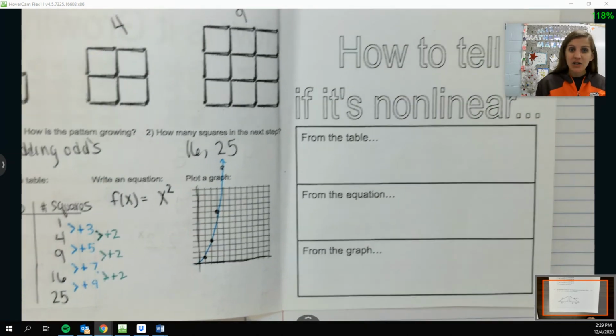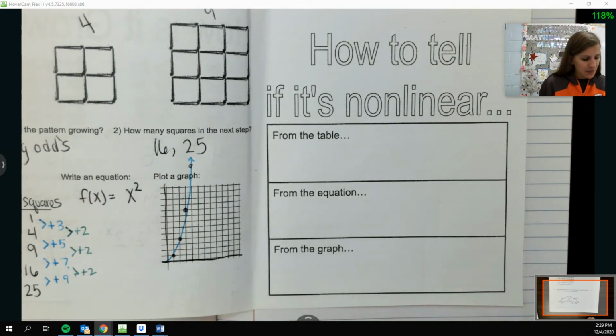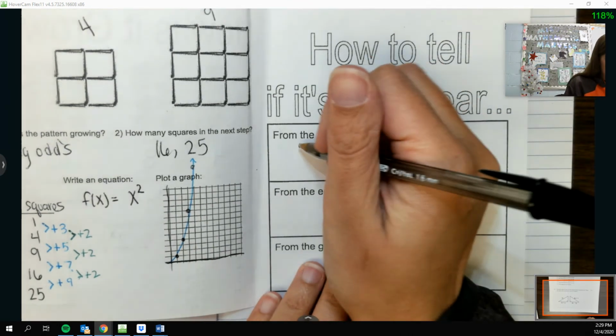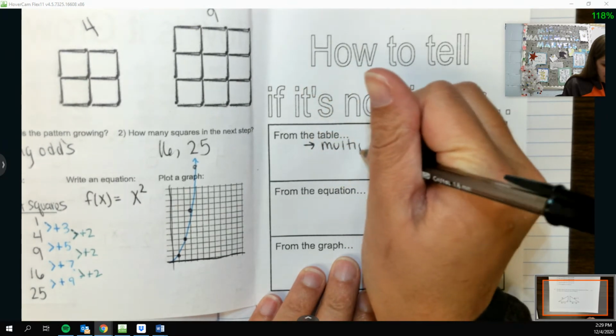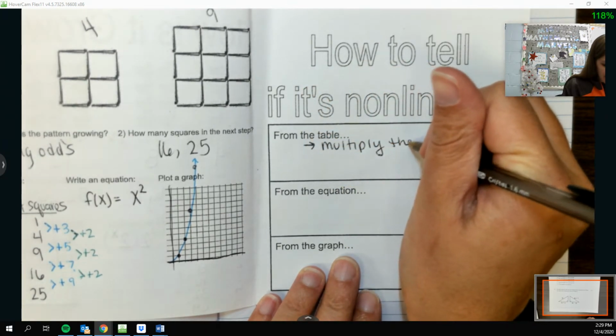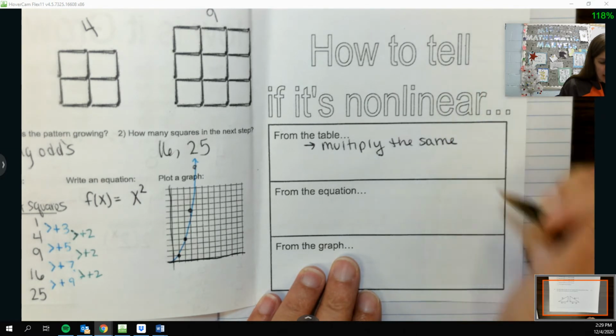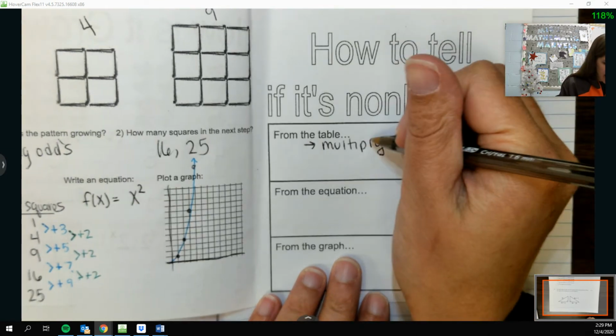So how to tell if it's nonlinear. If I'm looking at a table, I will know that it's nonlinear if a couple of things happen. Maybe if I multiply the same number each time, or divide.